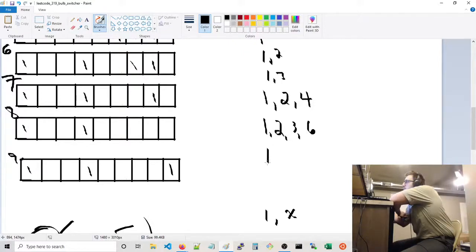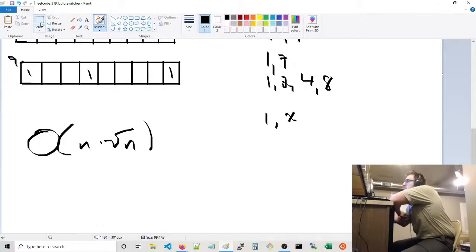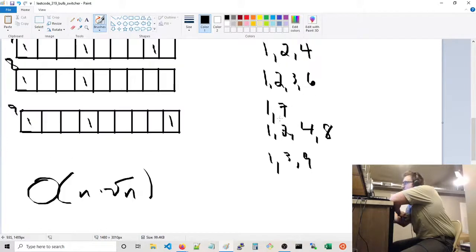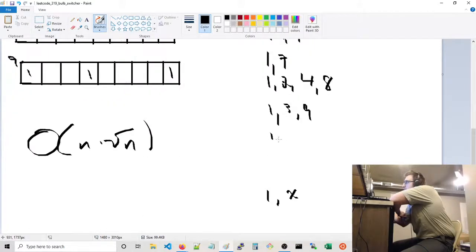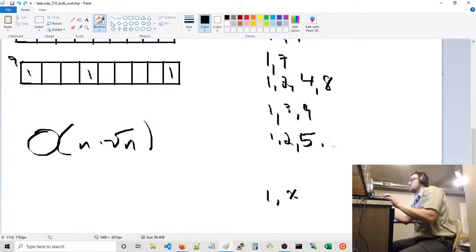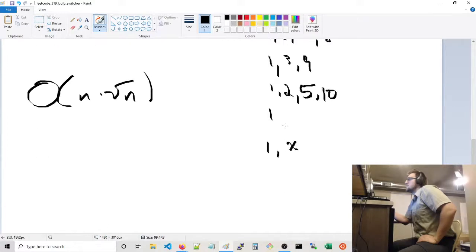One, 2, 3, and 6. So 7, 1, 2, 4, and 8. Let's see if we can find one that's got 1, 3, 9. It's got like 5 divisors or something. 1, 2, 5, 10. 1, 11.